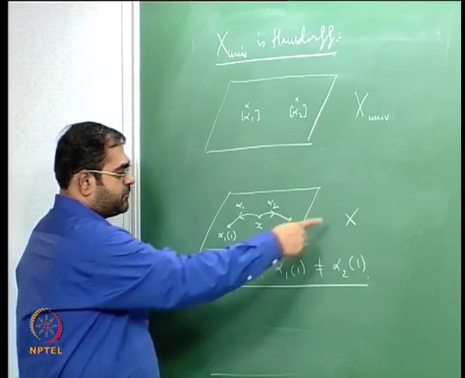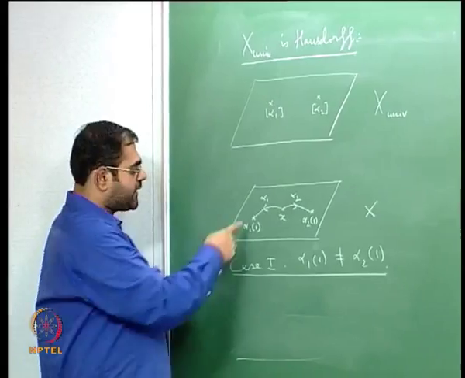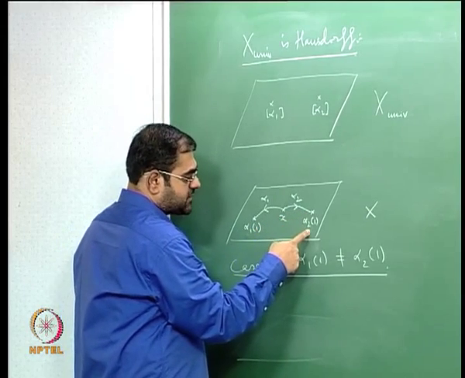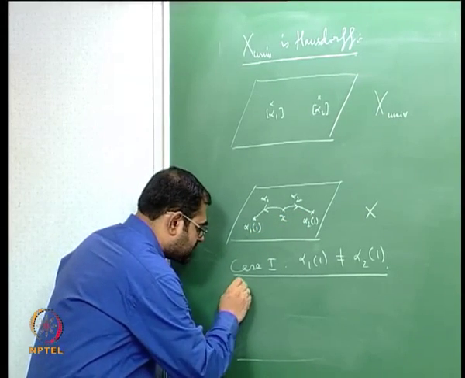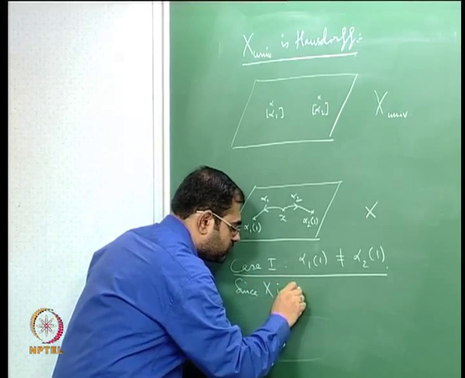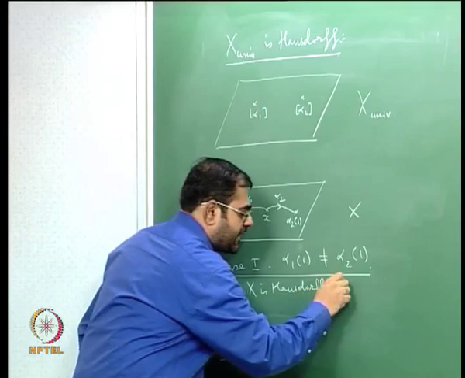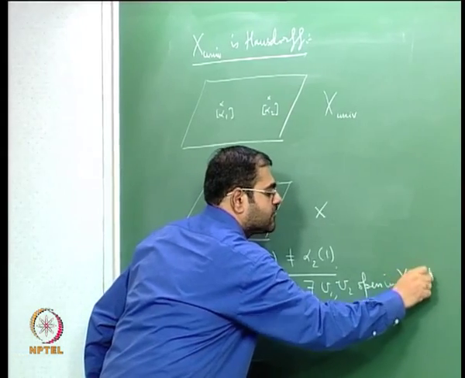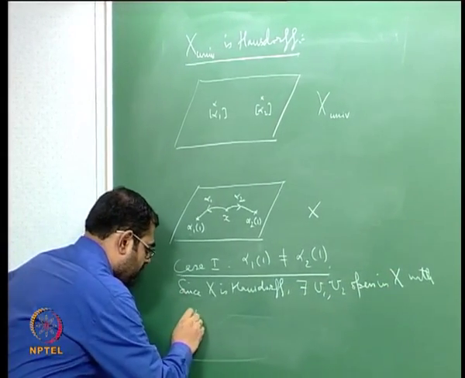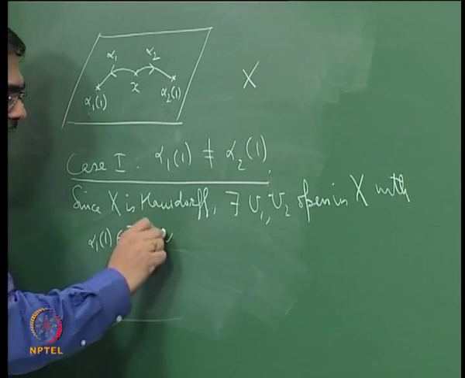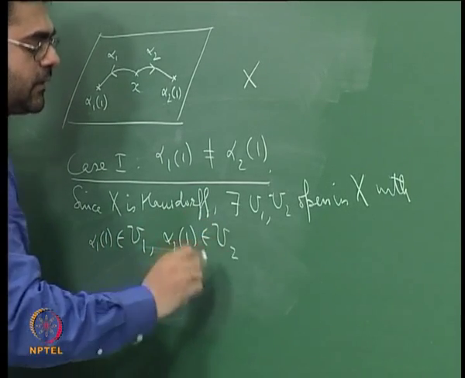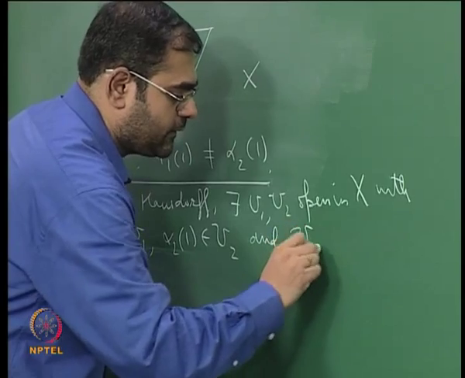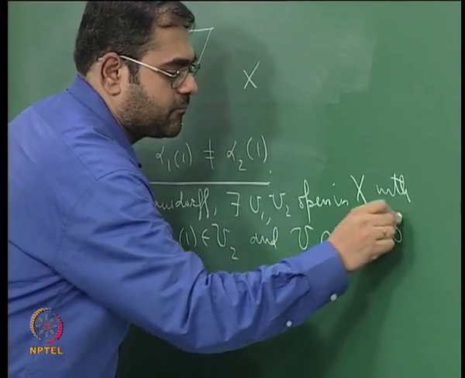These are two points in X and X is Hausdorff, so there exist U1 and U2 open in X with alpha 1 of 1 in U1, alpha 2 of 1 in U2, and U1 intersection U2 being empty.